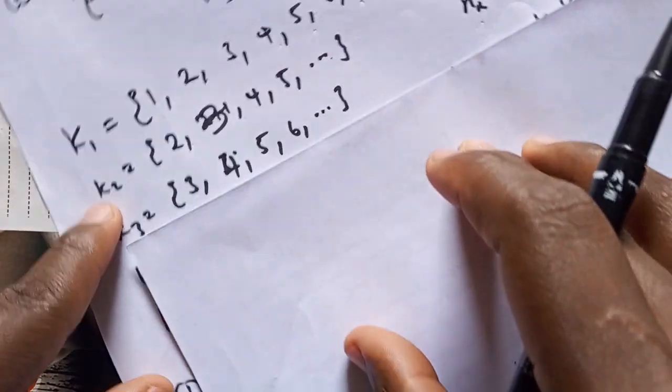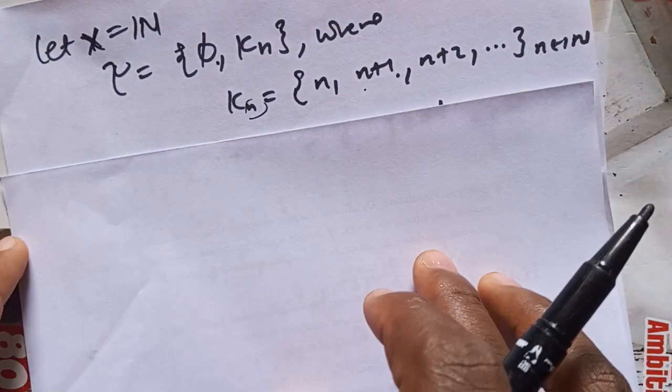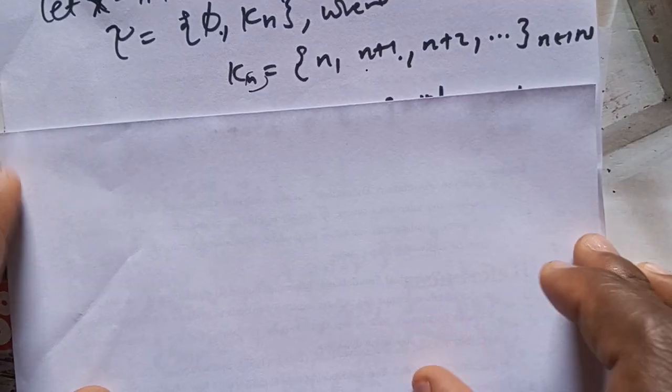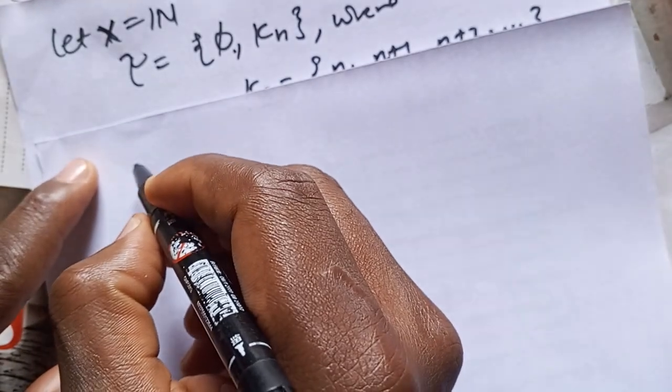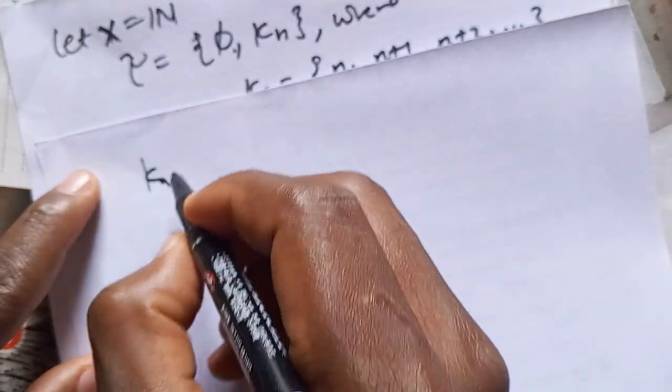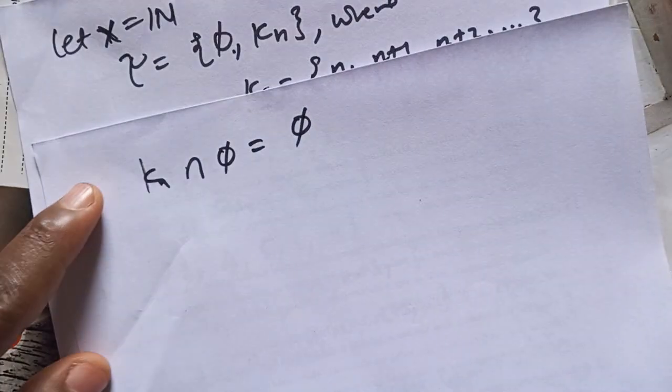Now, before we continue, I need you to observe something. Observe that if I do Kn intersect the empty set, this gives me what? Empty.